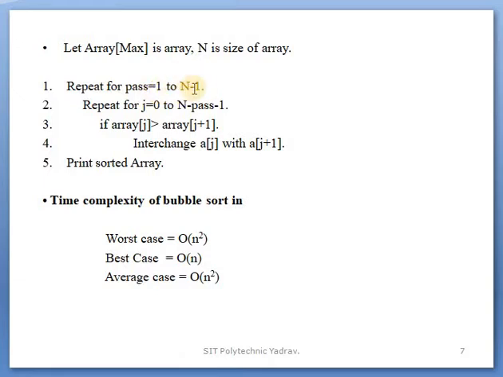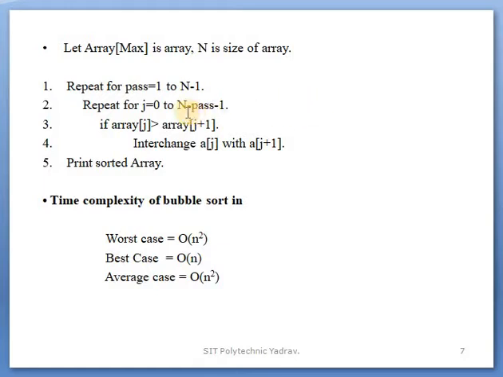For example, if n is 5, then 4 passes are created in this method. Repeat for j equal to 0 to n minus pass minus 1, because in every pass the last positions are already sorted.